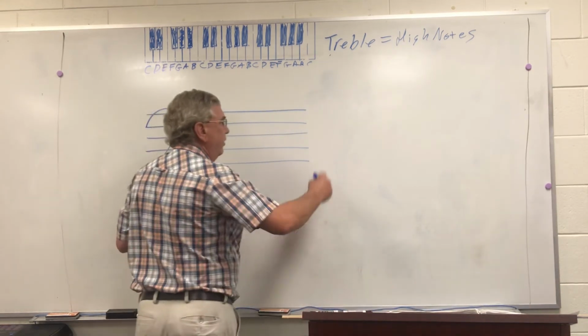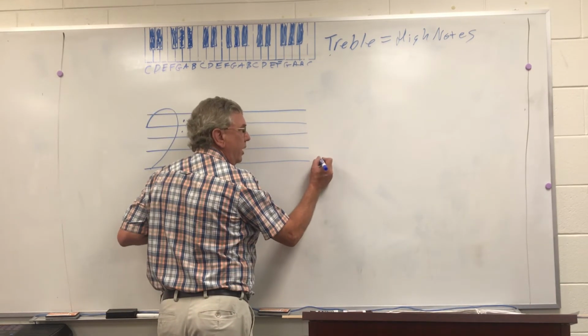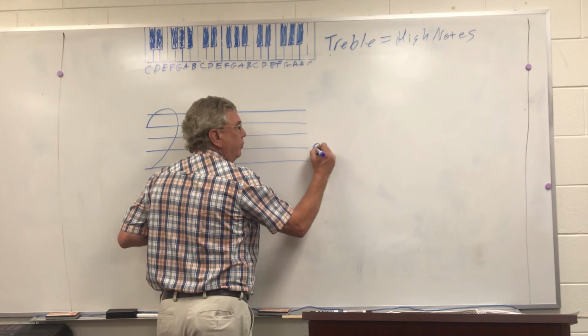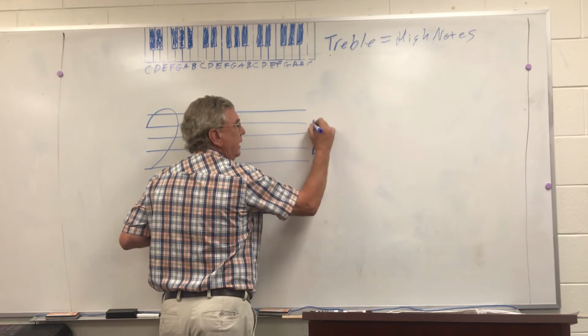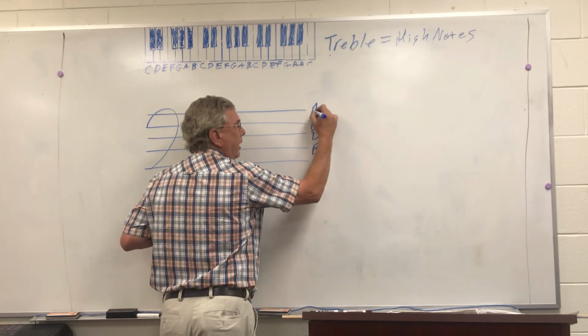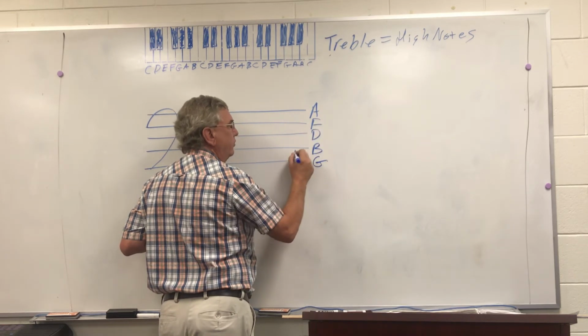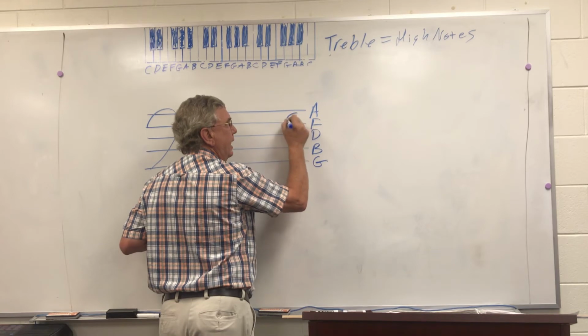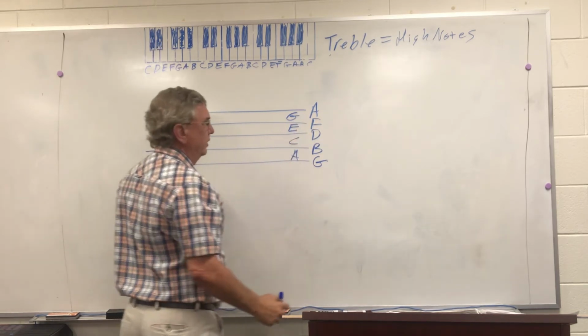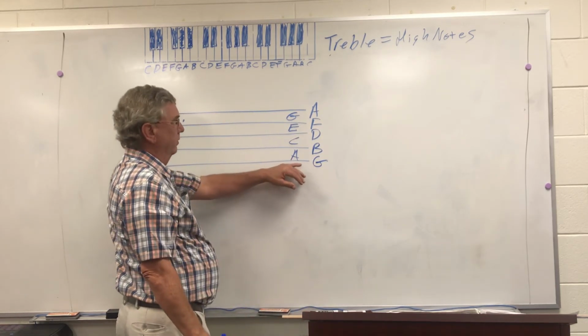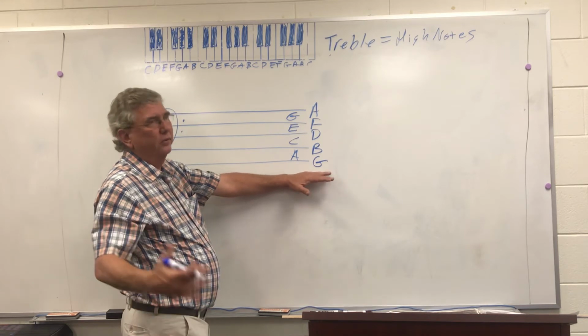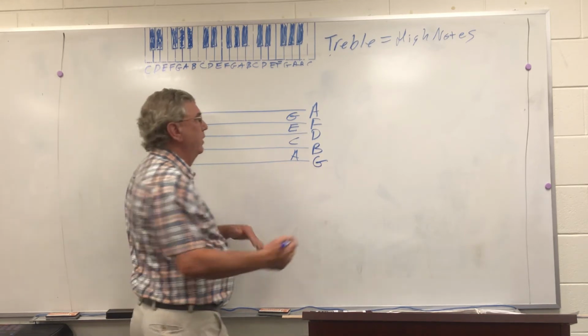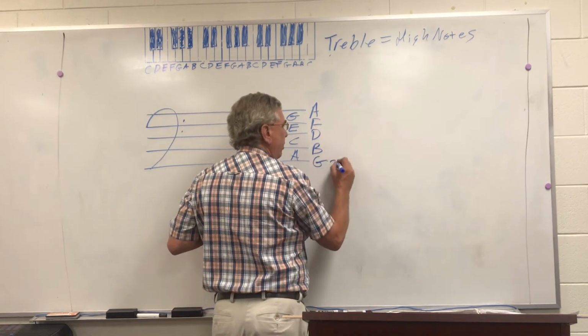The names of the notes in the bass clef, the bottom line is G, then B, then D, then F, and then A. The spaces are A, C, E, and G. The way to remember this, taught by many, many people, is good boys do fine always.